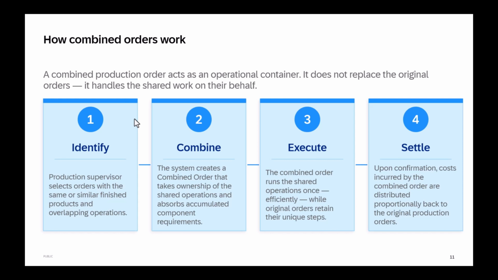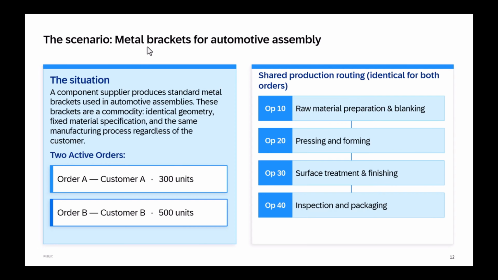In the next step, the execution, the combined order runs in the system with the shared operations. And in the last step, upon the confirmation of the operations, the costs are distributed back to the original production orders.